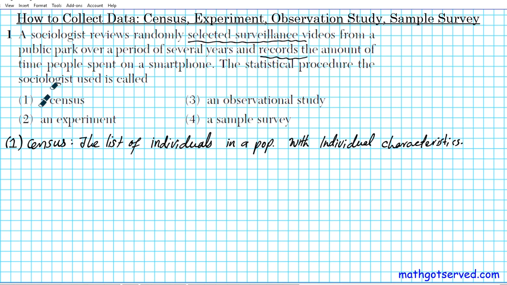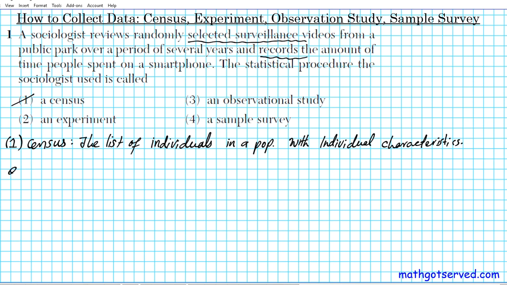Alright, so this is definitely not a census. Census just involves counting the number of people in the population and recording the individual characteristics, like physical characteristics of those people. Alright, so option 1 is not the statistical procedure that's being used here.